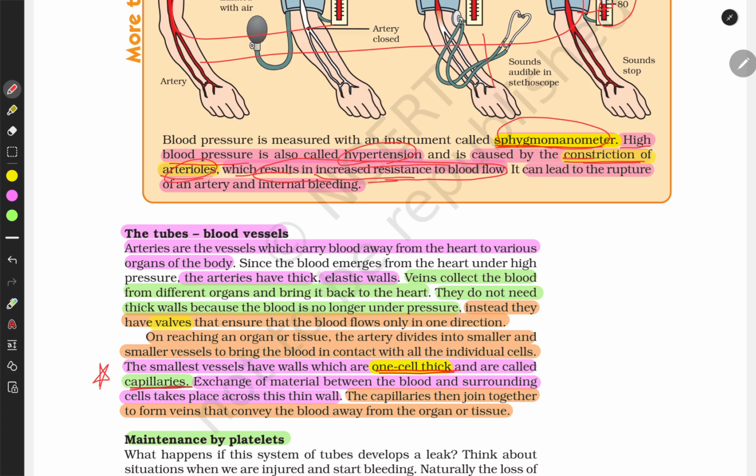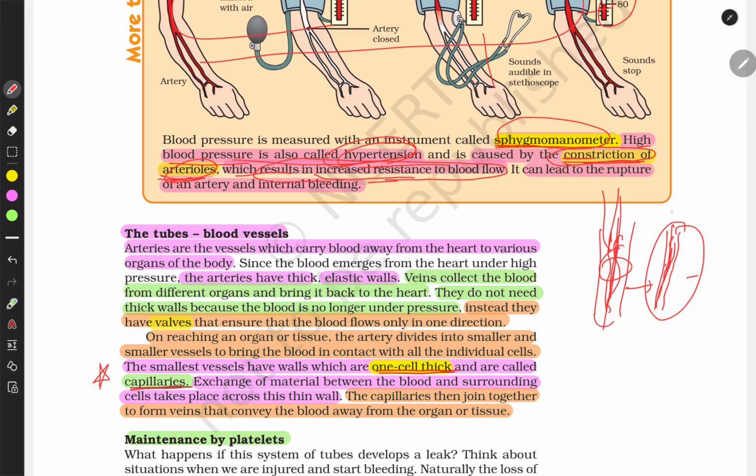Actually, when arteries are wide enough, blood can easily pass.